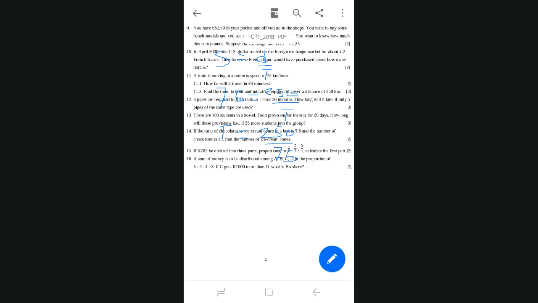When you take a calculator and do 250 divided by 75, you are going to get 3,3 hours.